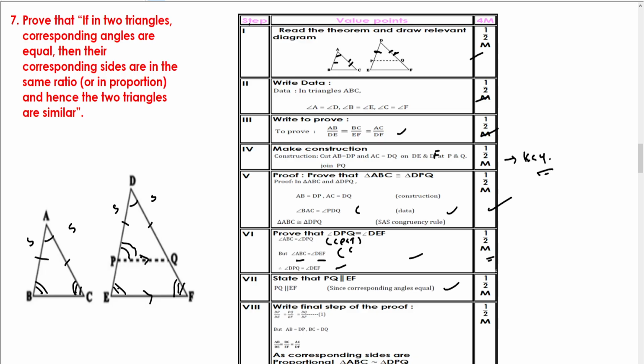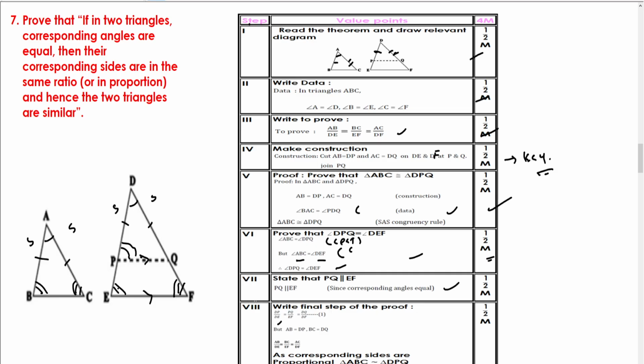Once you prove that PQ is parallel to EF, by the converse of Thales theorem, you can write that the corresponding sides of triangles DPQ and DEF are proportional.